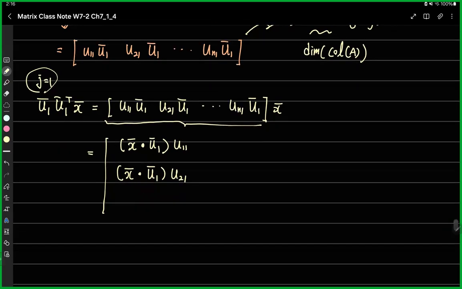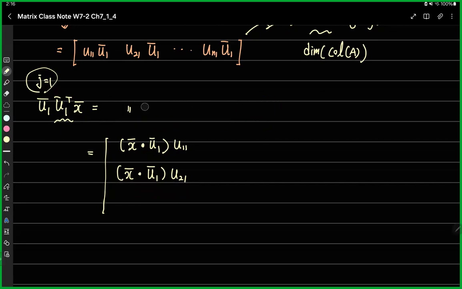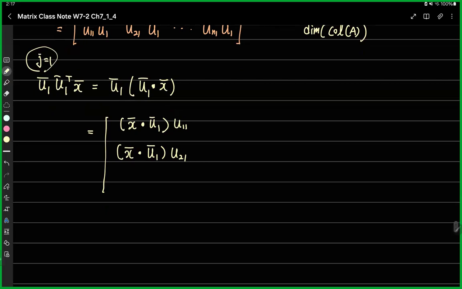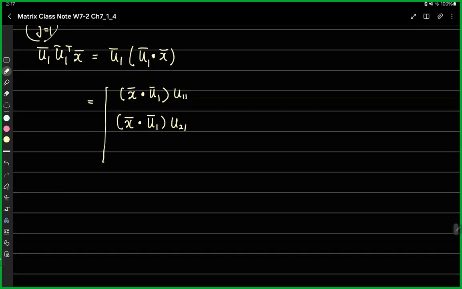This is not a product. Let me do it the other way, I think you might be confused. So u1 transpose x bar is what? It is the dot product of u1 and x. So u1 here. Then you understood better, right?